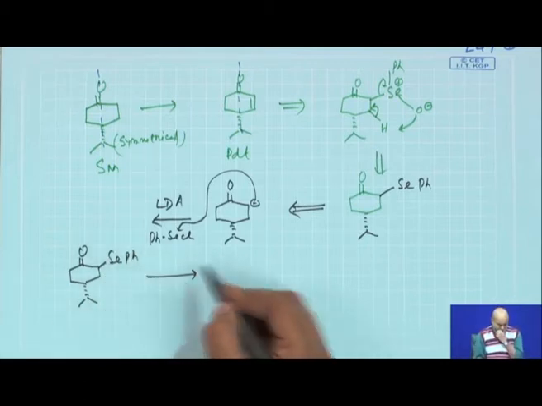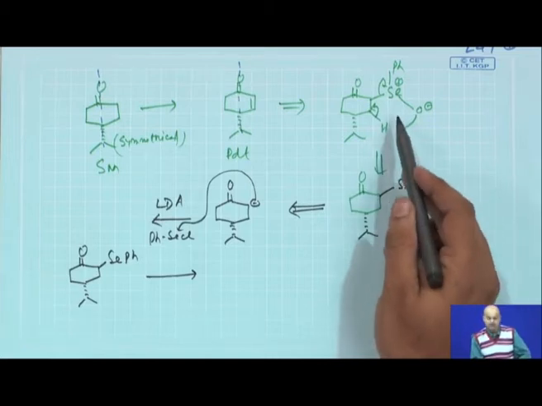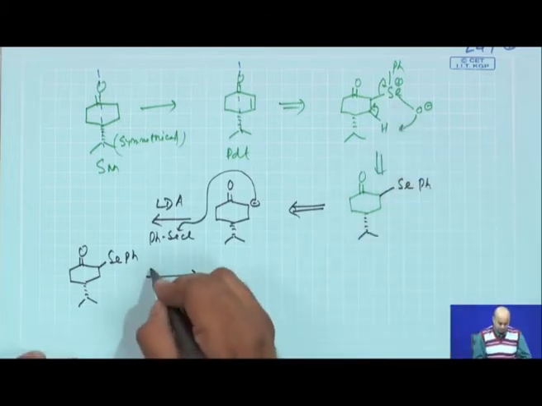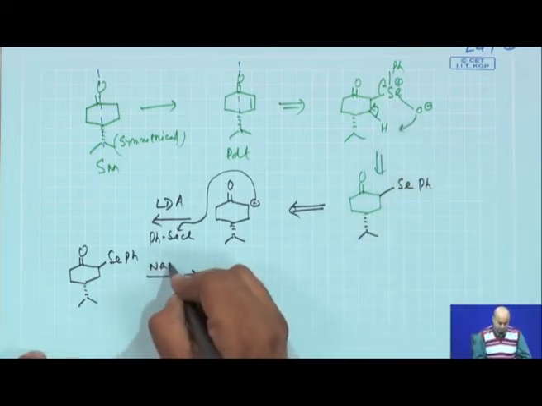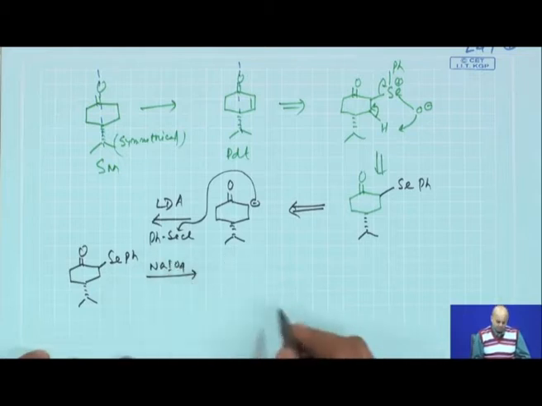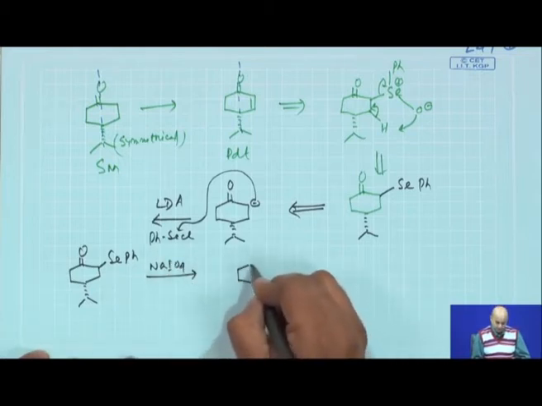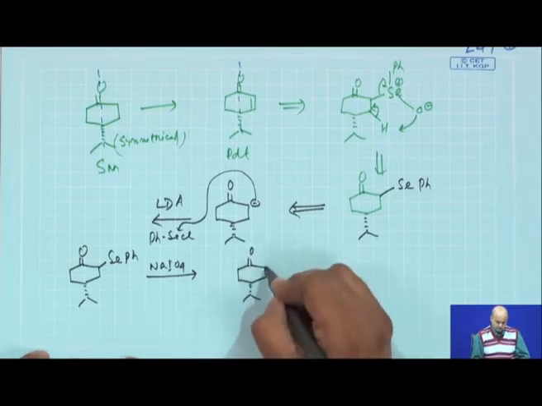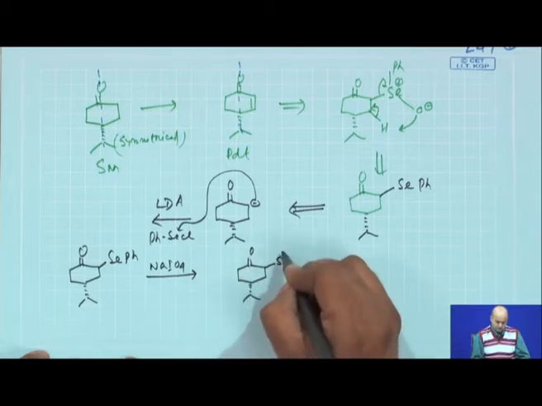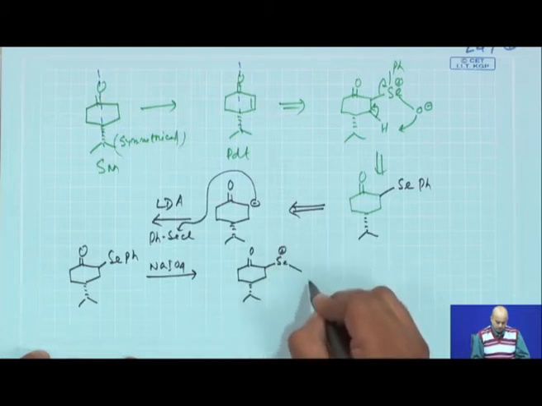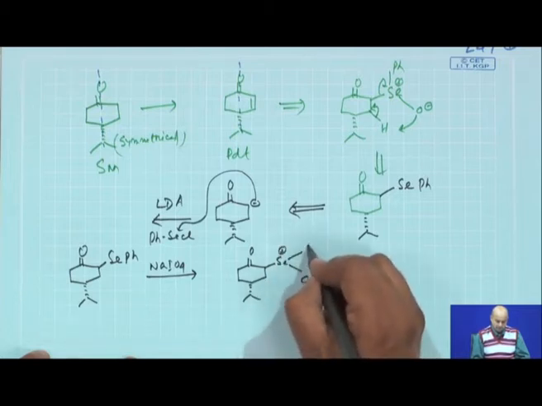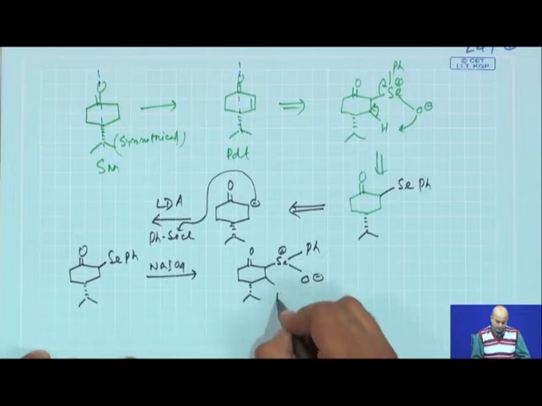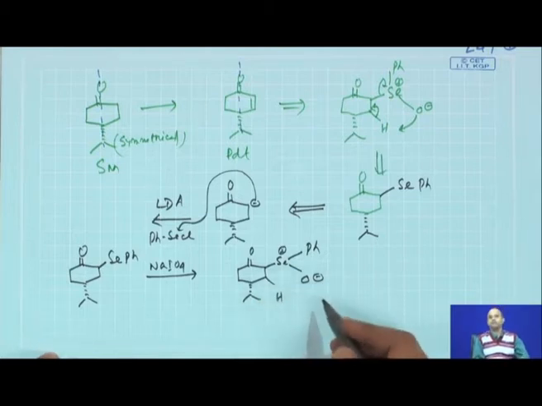Now, as I said, you need to convert this SePh to selenoxide, you treat with sodium periodate, which basically will oxidize it to Se plus O minus.